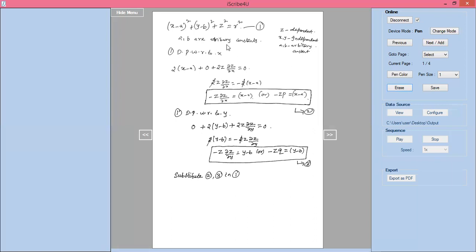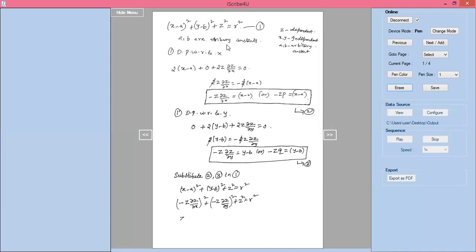We'll substitute into (x minus a) whole square plus (y minus b) whole square plus z square equal to r square. (x minus a) whole square is nothing but minus z into dou z by dou x whole square, plus (y minus b) is nothing but minus z into dou z by dou y whole square, plus z square equal to r square.